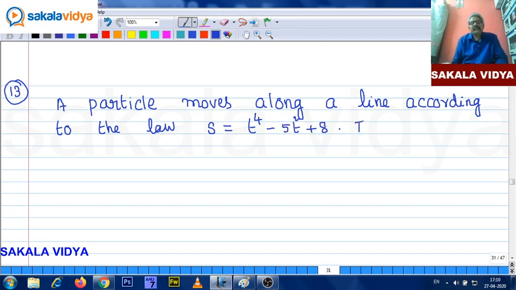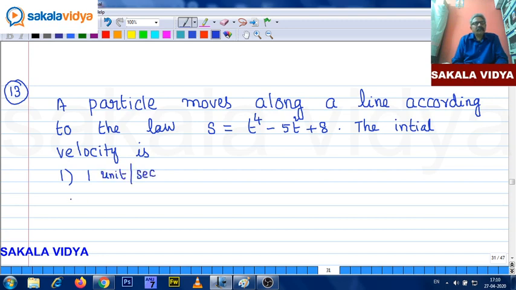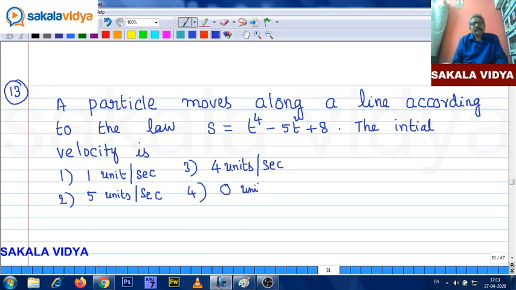The initial velocity is: first option 1 unit per second, second option 5 units per second, third option is 4 units per second, fourth option 0 units per second. This is the question.